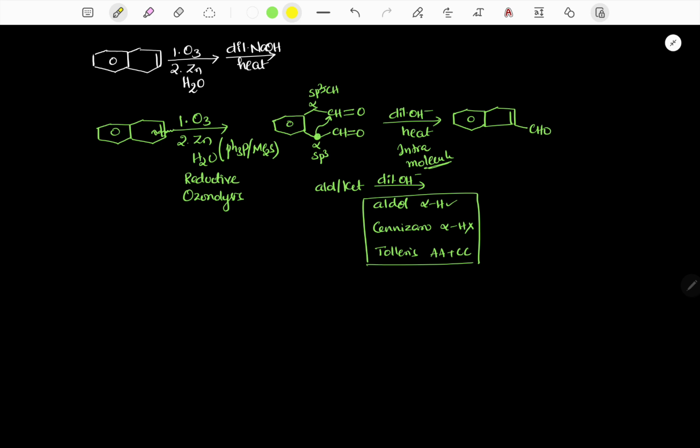For better understanding, we can give numbering 1, 2, 3, 4, 5. In between 1 and 5, there is a double bond, and the fifth carbon is connected to CHO. Therefore, the final compound is an alpha, beta unsaturated aldehyde.